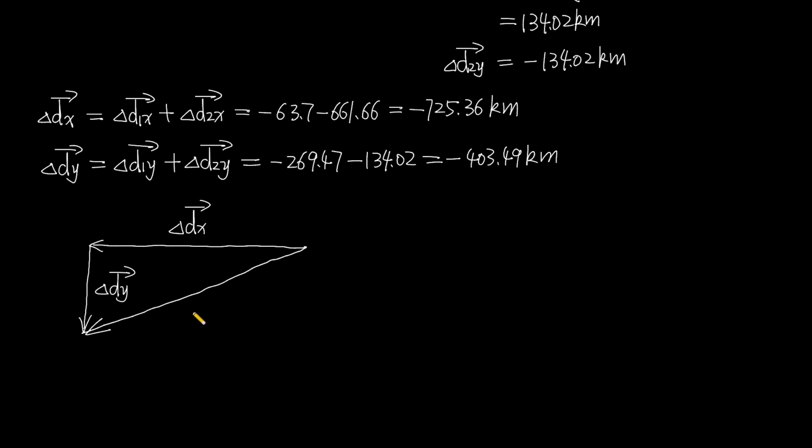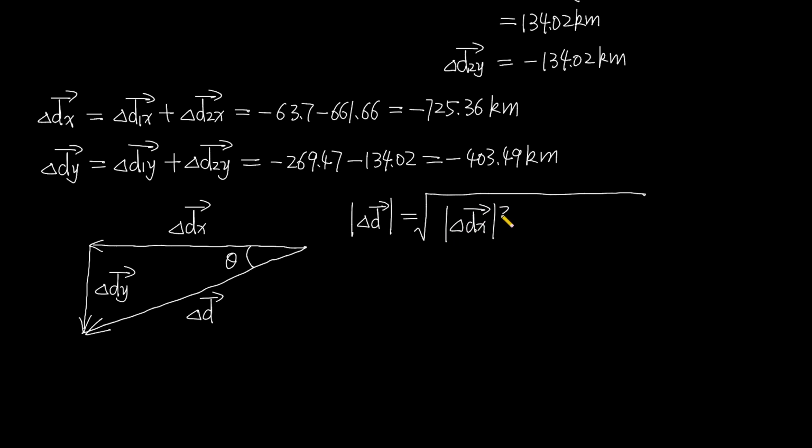Now this is the vector delta d. This angle is theta. This is a right triangle. So from this triangle, we can know that the magnitude of the vector delta d equals the square root of the magnitude of vector delta dx squared plus the magnitude of vector delta dy squared.